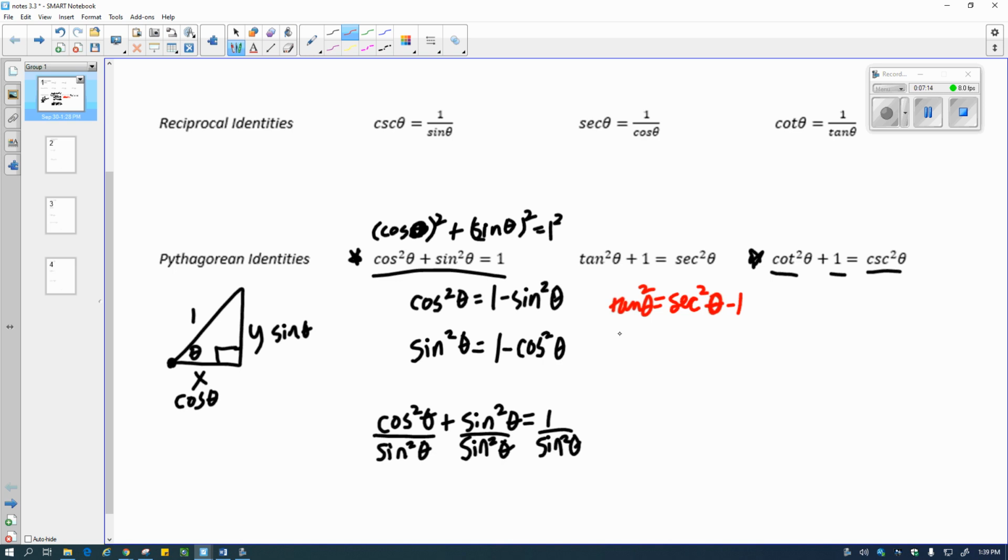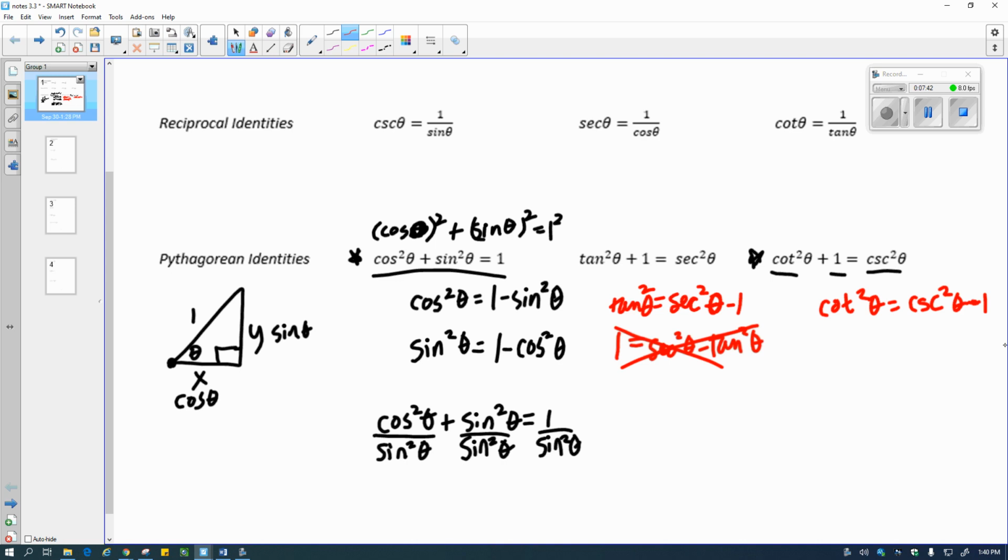And I could also do 1 equals secant squared theta minus tangent squared theta, subtracting the tangent on both sides. We hardly ever use this one, so I'm not even going to push that one. But on occasion, we might do one like tangent squared theta equals secant squared theta minus 1. Likewise, on the cotangent squared plus 1, I could do cotangent squared theta equals cosecant squared theta minus 1.